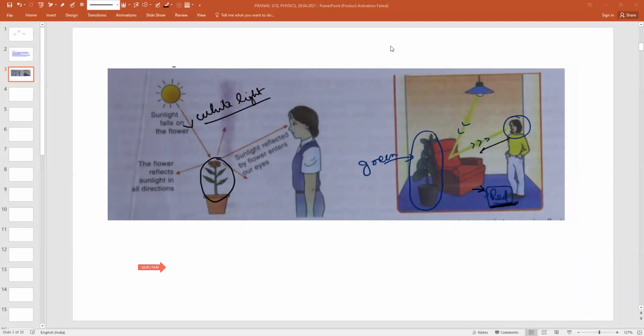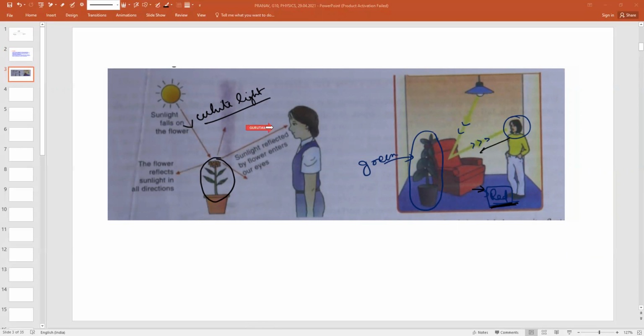Does the sunlight come to the girl first, or does the sunlight come first to the flower, and then the reflection goes to her eye? Sunlight comes first, then only the reflection. So always remember that the sunlight will fall on the flower and then the reflection will happen.